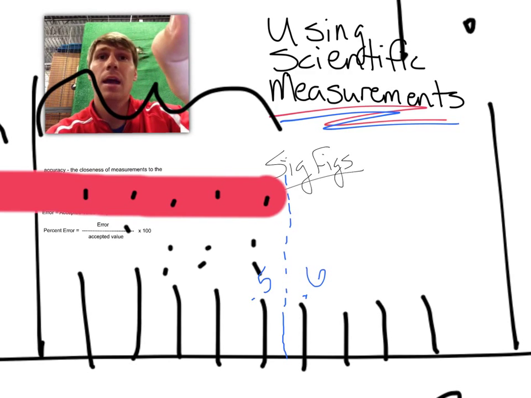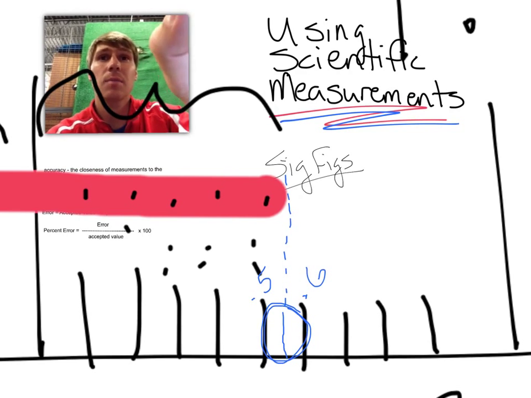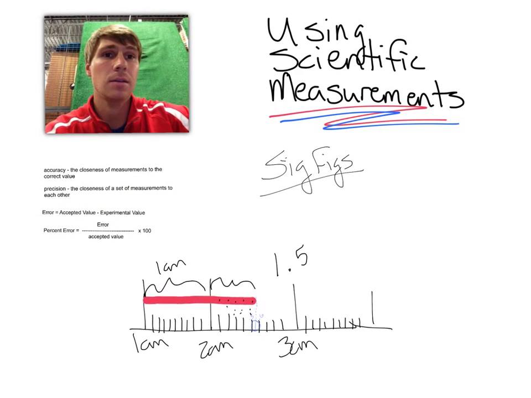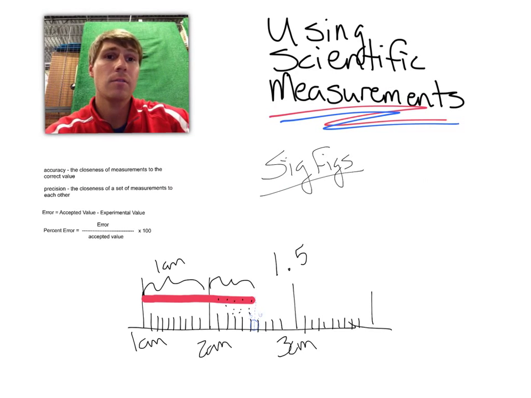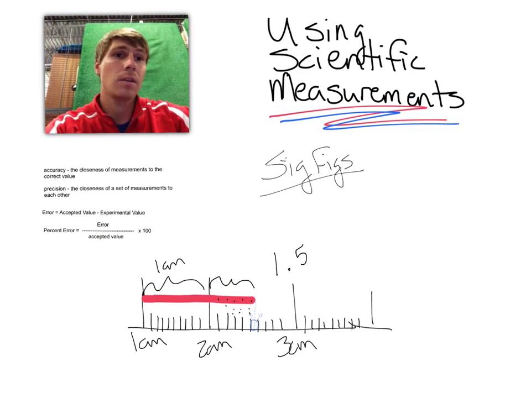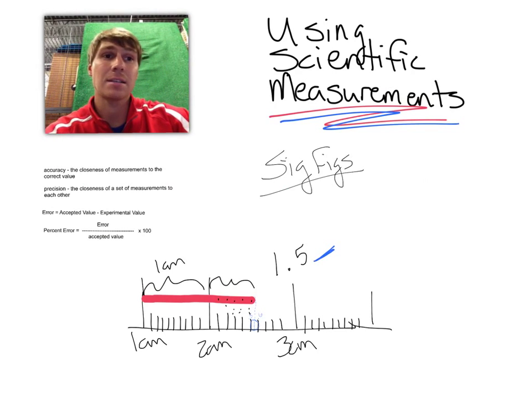1.55. And the reason that we get that extra 0.5 is because somewhere in here we can make one guess. So we can guess up to 1 digit. So what that looks like is 1.5, 1 because we know it right here, 0.5 because we can see that right here, and then our last digit, the one that goes right here, is when we are guessing.